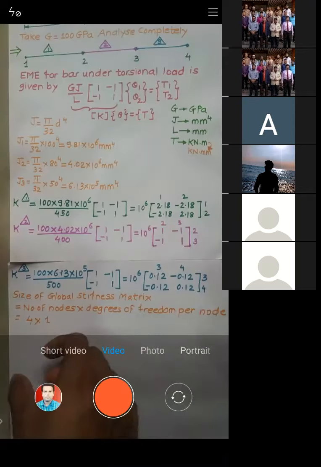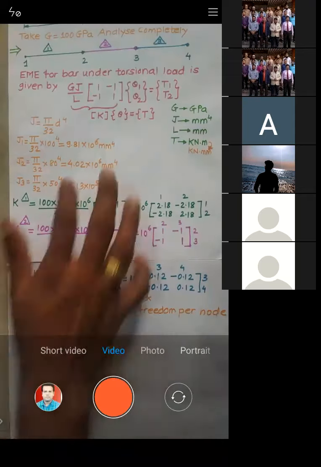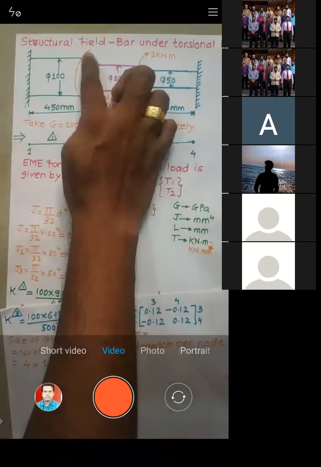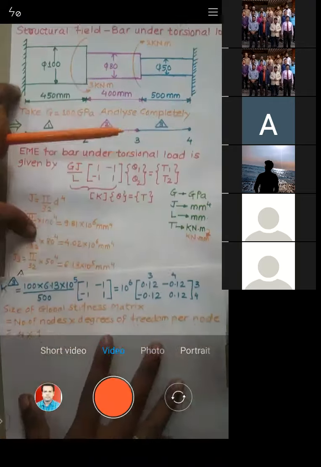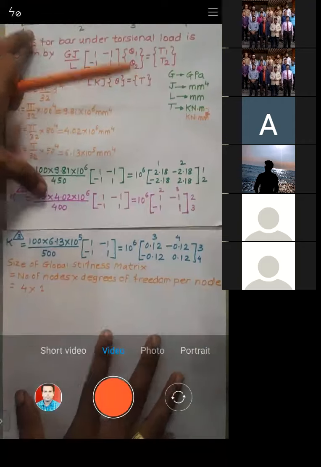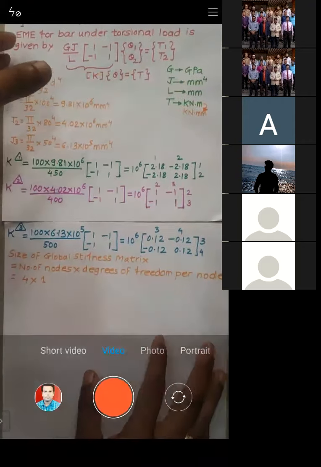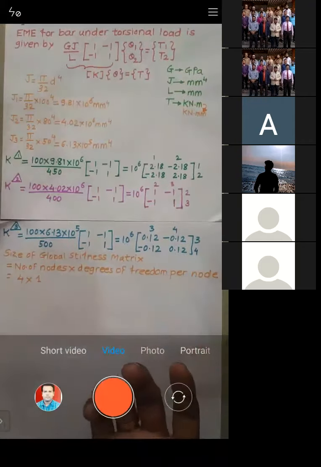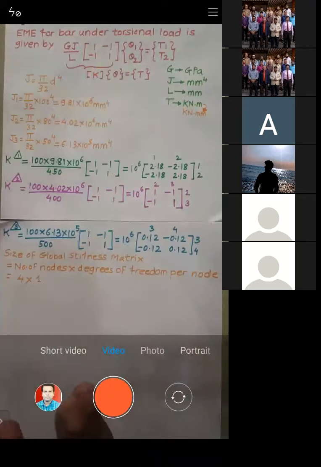You are applying the torque, so you will get only angular displacement. It might be clockwise or anti-clockwise, which only has the meaning of whether it is plus or minus. So this is nothing but angular displacement, right?